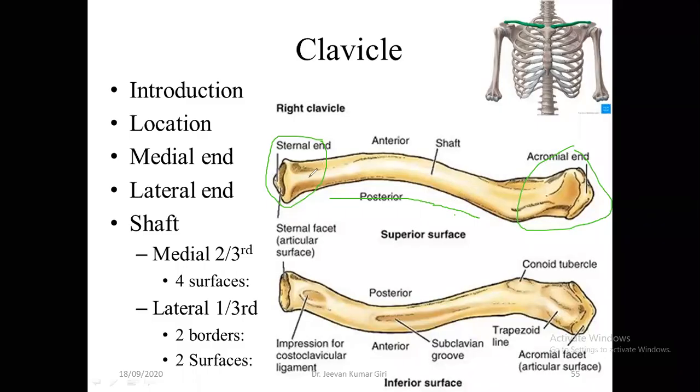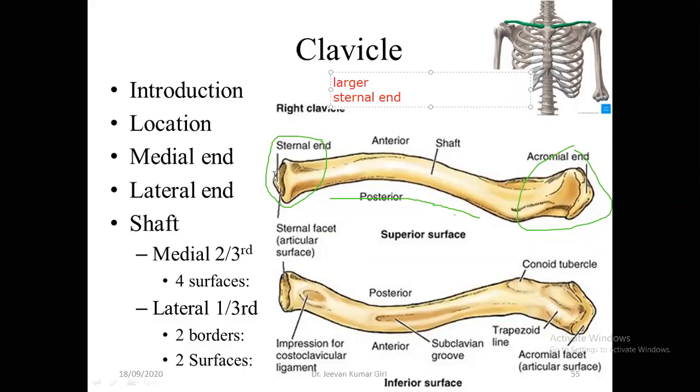Now see the medial end. If you compare the medial end with the lateral end, the medial end is comparatively wider and quadrangular in shape. So the medial end is larger. The next name for the medial end is the sternal end.